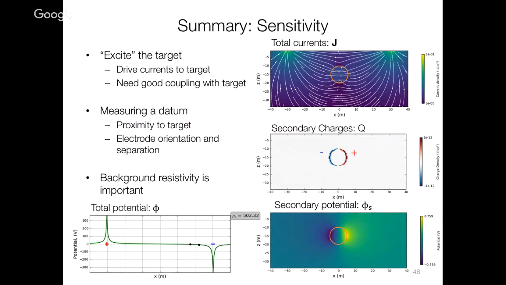The other thing is that you're measuring a voltage, and the voltage you measure is going to depend upon the potential electrodes that you bring. They have to be a big enough distance apart so you get a big enough voltage. Otherwise, random noise is going to change it. And then the background is important.